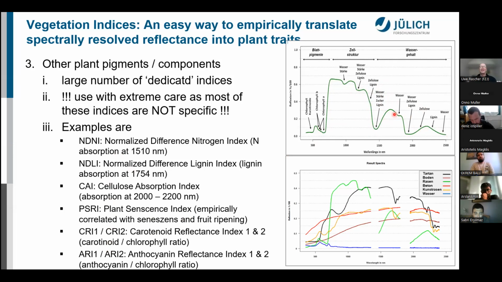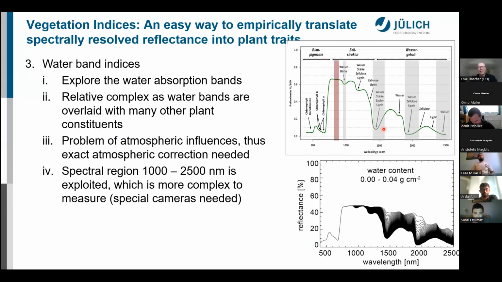So they are overlaid between cellulose, lignin, water, and starch. That is why I would always say, be really careful in using these vegetation indices. Look at the waveband and really think about what they are measuring and how specific they are in the end.